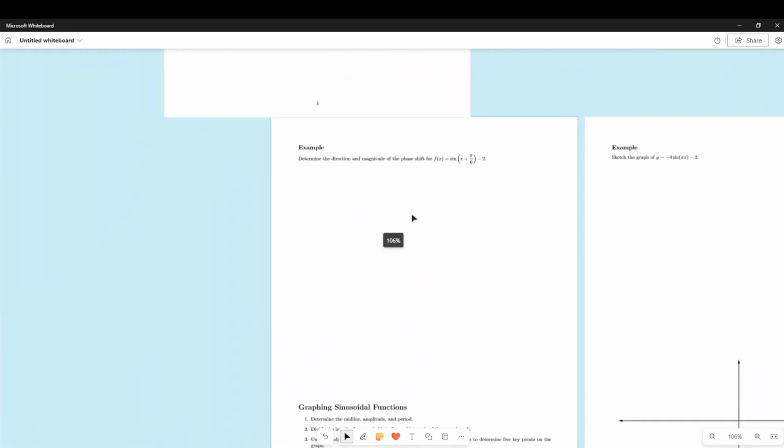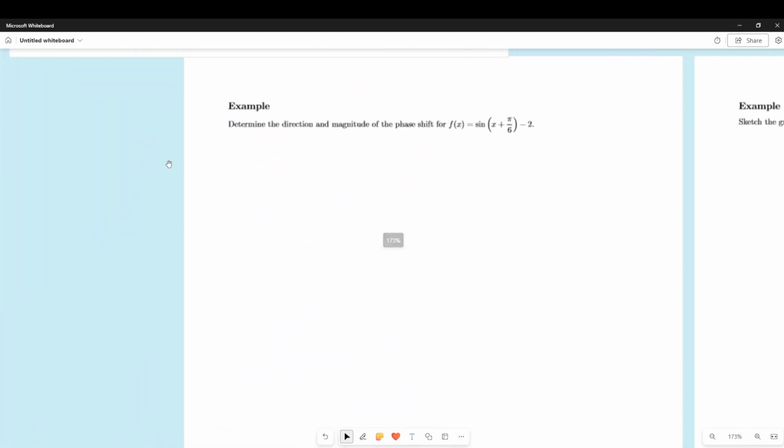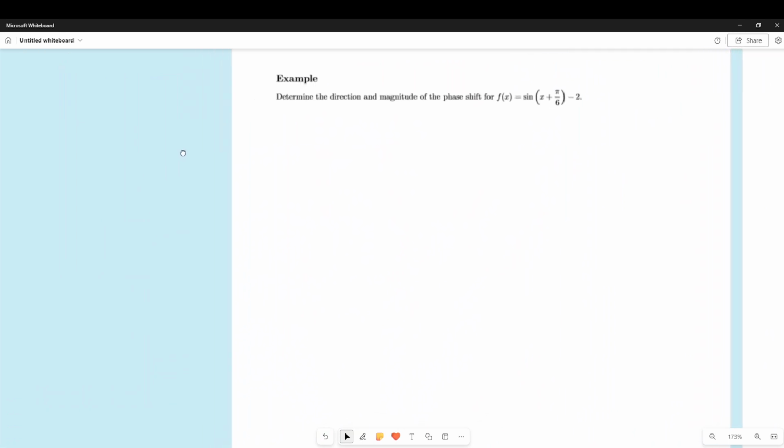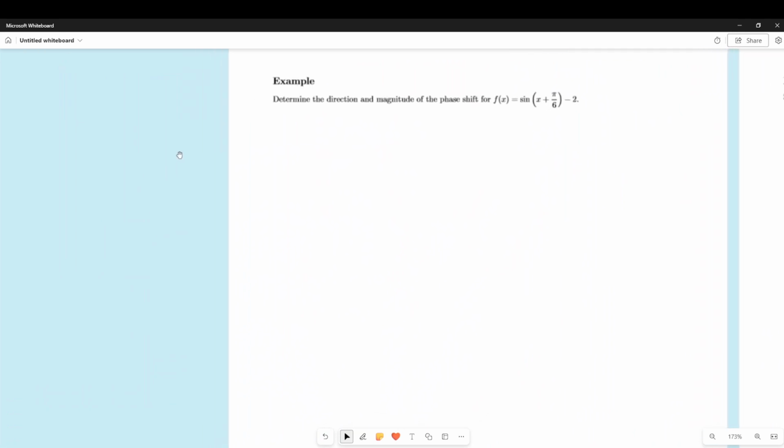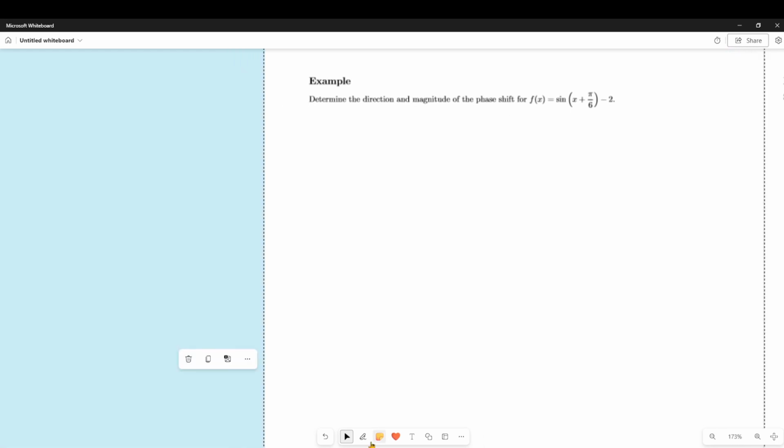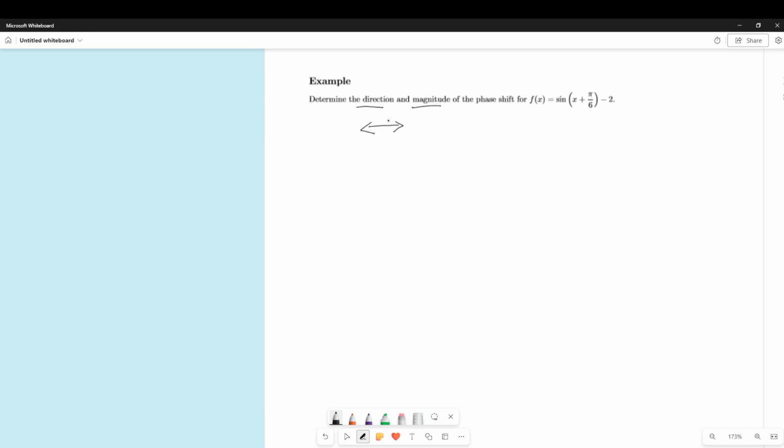So let's see. In this next example, again, we're not asked to graph the whole thing yet at this point, but we're determining the direction and magnitude of the phase shift. Oh, that's cool. Okay. Phase shift does tend to be the complicated part. So magnitude and direction of the phase shift. So phase shift is always left or right and a particular distance.